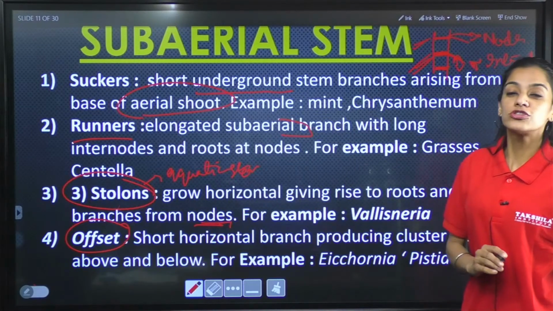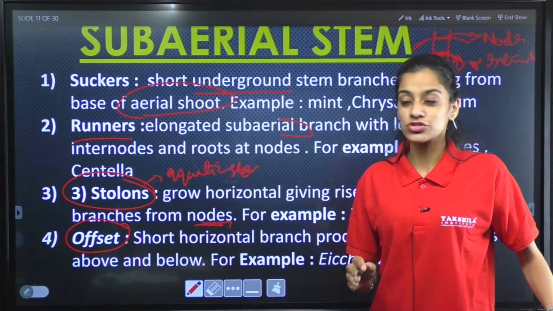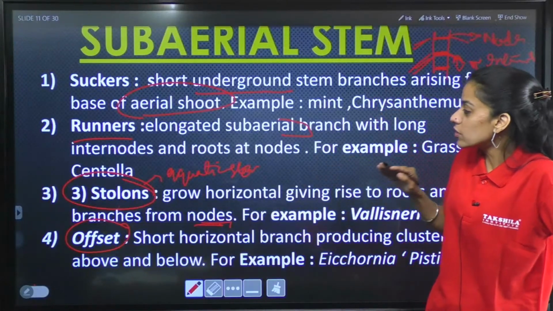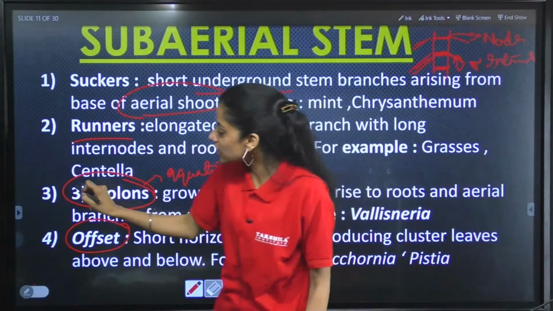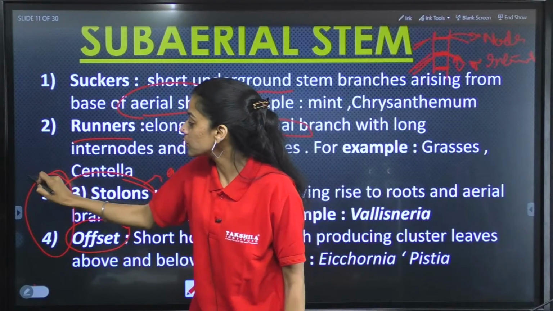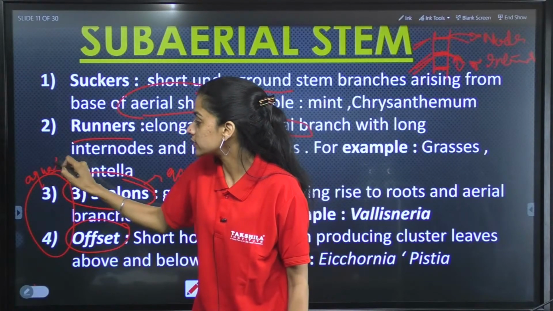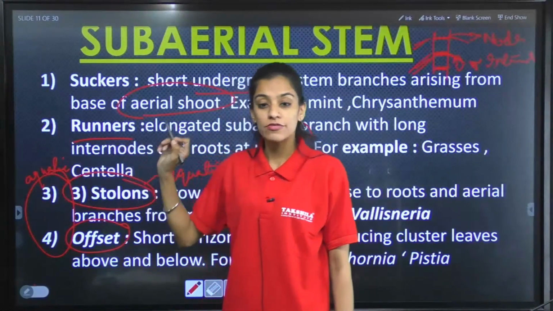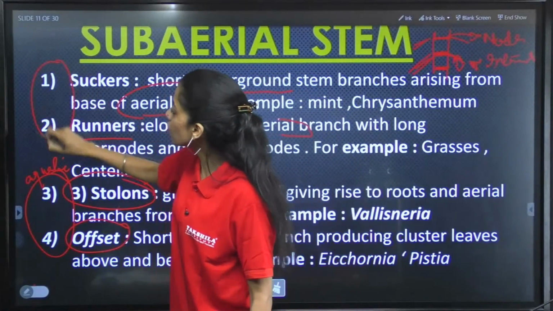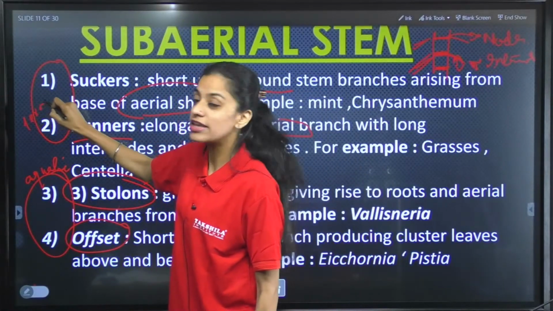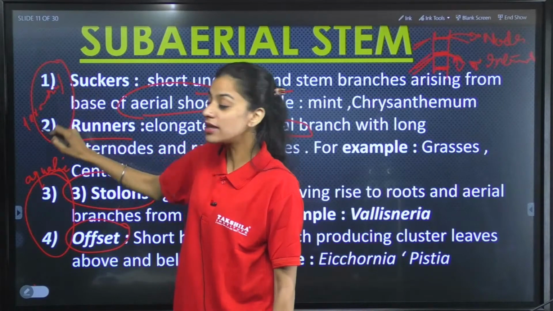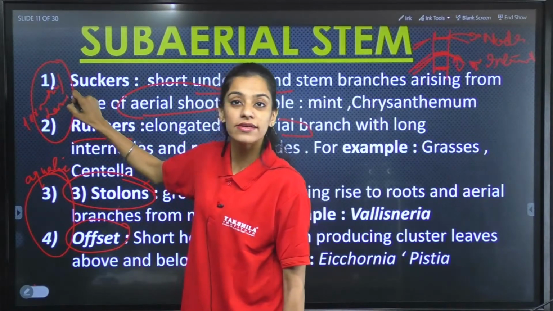These are also aquatic plants. So if we look, stolon and offset, these two sets contribute to the aquatic system, whereas the first and the second hold for the terrestrial, or we can say that it is land.